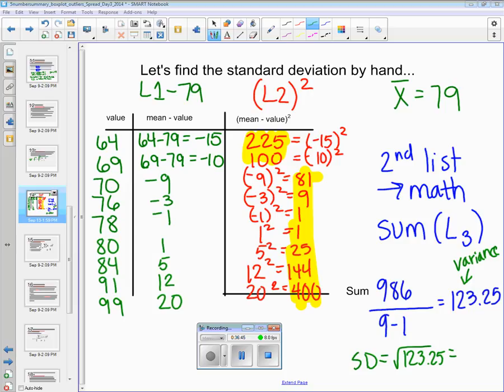And then we'll just round it. 11.1, okay? N minus 1. There were 9 test scores that we used. If I counted 1, 2, 3, 4, 5, 6, 7, 8, 9. So this number just corresponds to the total number of numbers. Okay? Good questions.